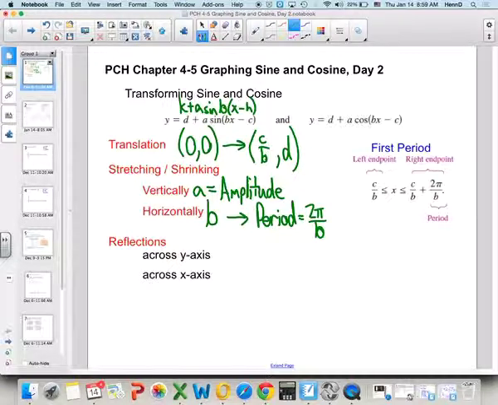If you use that, these are equivalent as long as you use the same conversions that were given here. Okay? You can either use the normal h, k if you use this form. You can use c over b and d for this form. But what I'm saying is, if b started out as 1 and then you changed it to 3, wouldn't 1 be 3x minus 3h? Oh wait, but 3h is c. Yeah, 3h would be c.